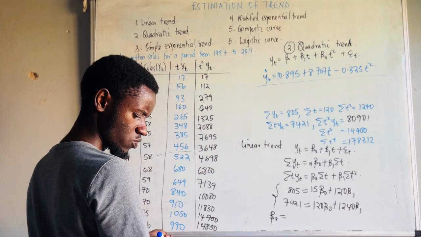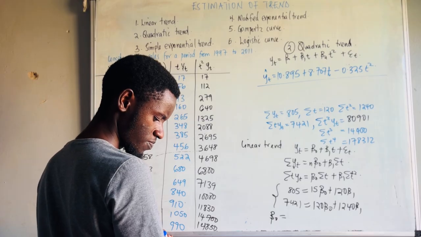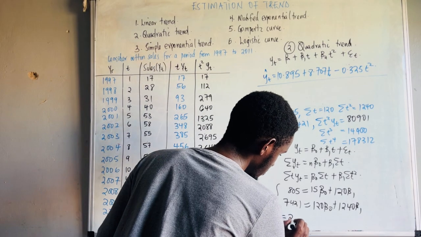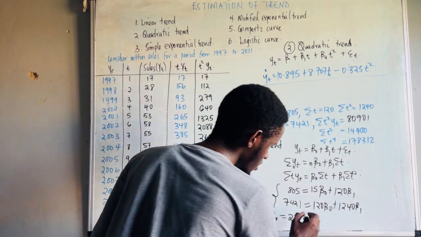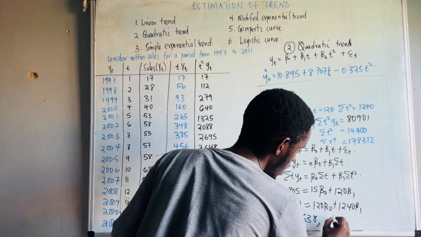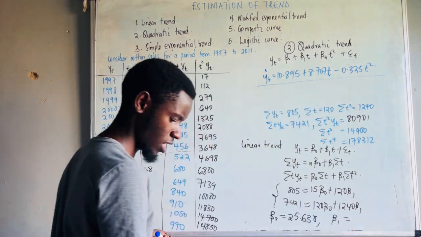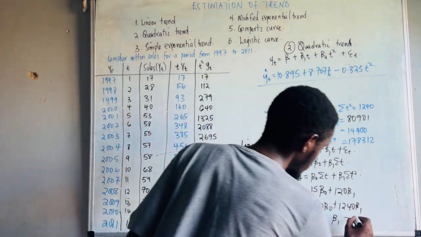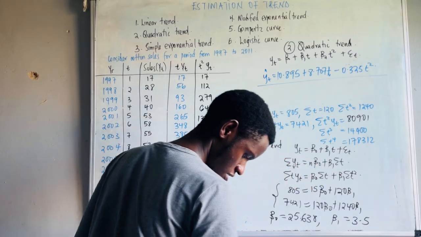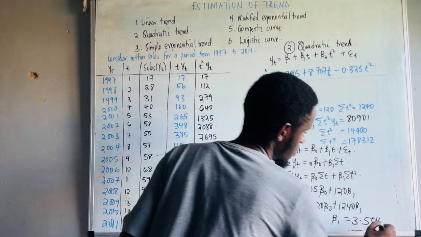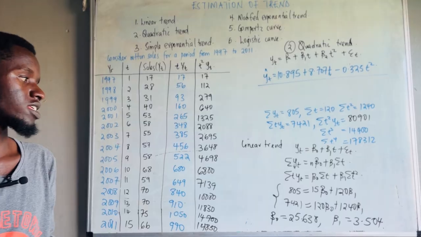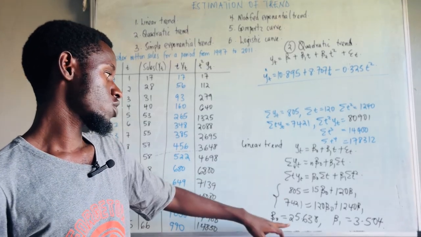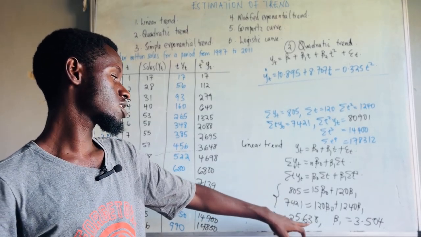That's when we have our beta naught, as we got it, as 5.0638. Then our beta 1 is 3.5, something like this.